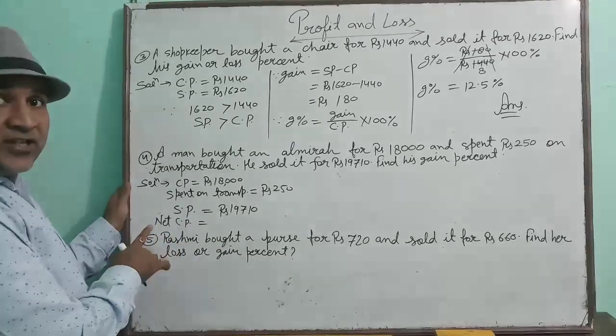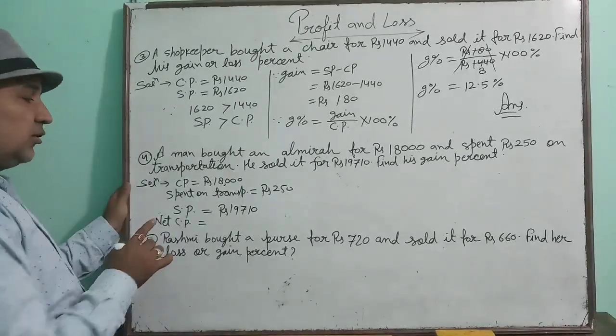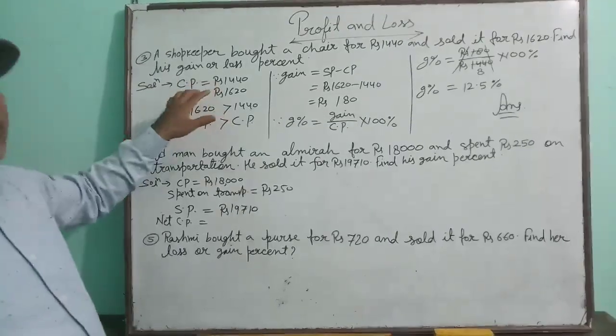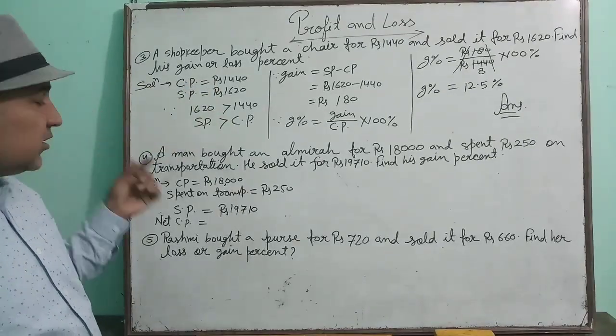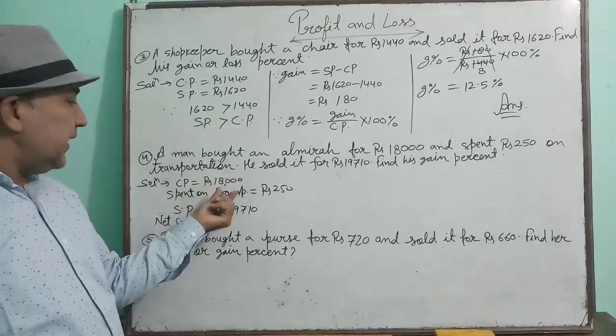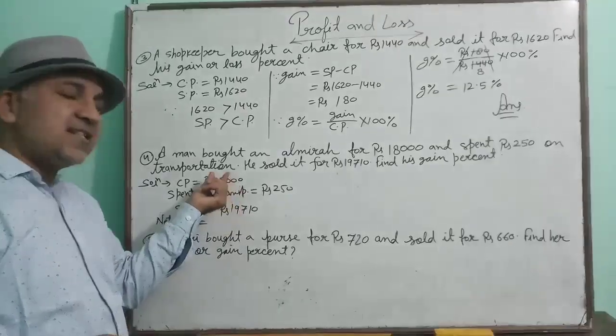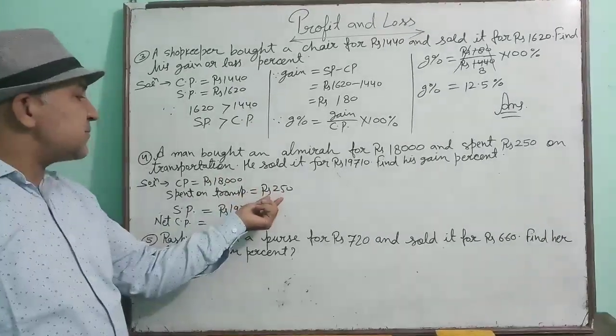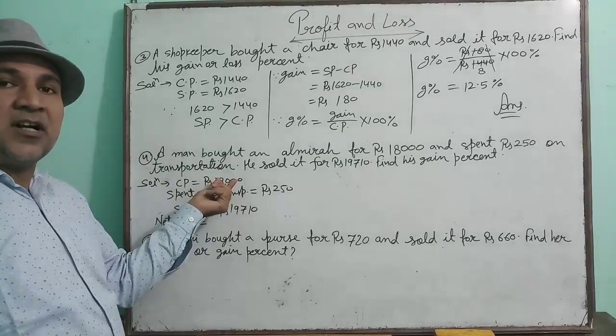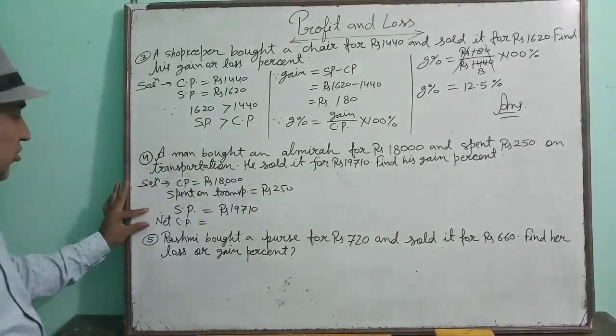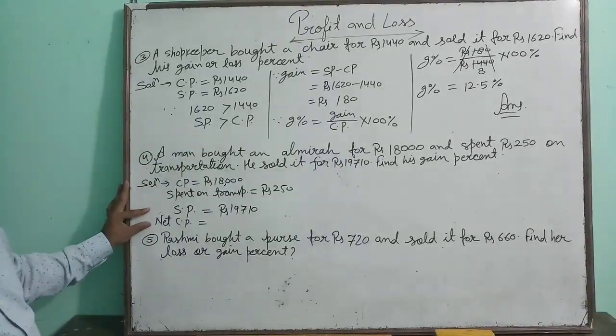You have to understand this term. Normally we use cost price and selling price, but with the cost price, if something more is spent, then that spent money is added to the cost price and that is called the net cost price.